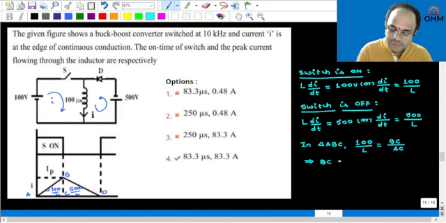Therefore, BC is equal to 100 by L multiplied with dt, where dt is the turn on time of the switch.